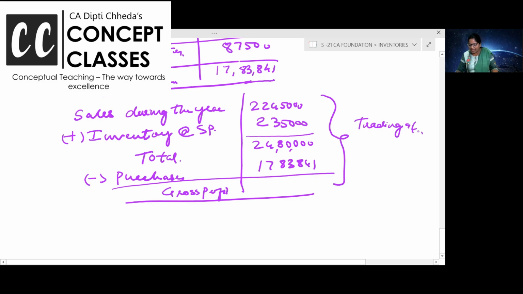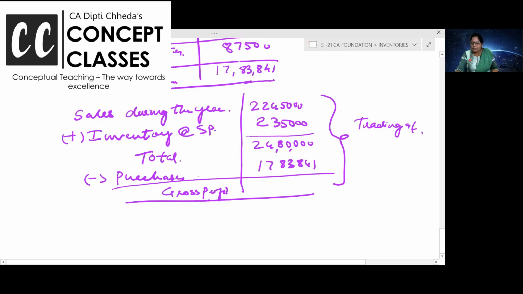There is no opening stock. And whatever you have purchased, suppose you have sold and the remaining is your stock. Are you getting or not?